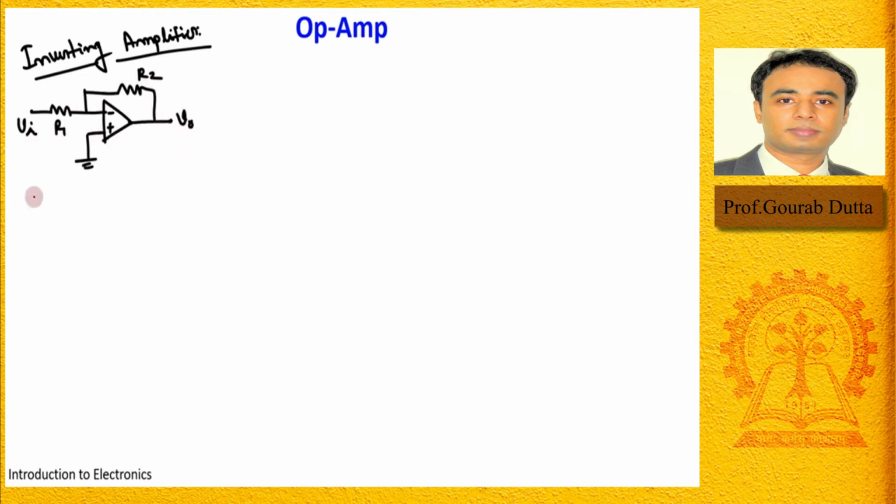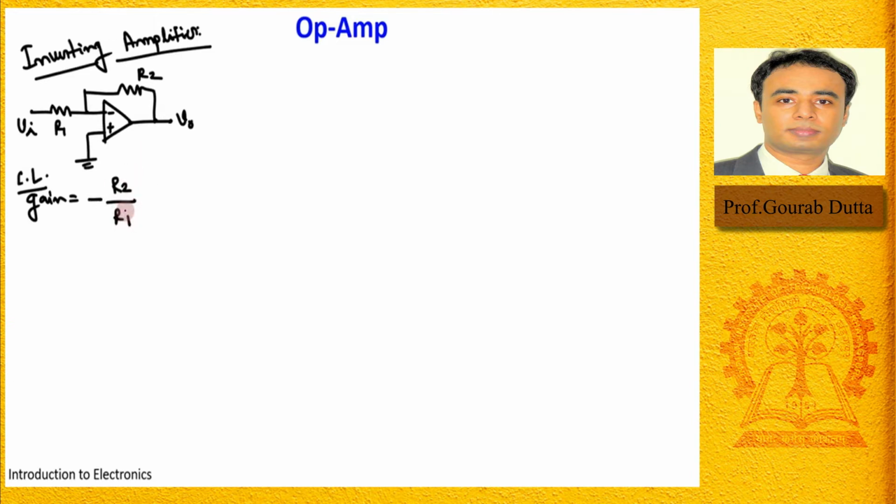So what was the gain? Obviously this is a closed loop gain, because you can see there is a negative feedback from this output to this input. It is connected with the negative terminal, or the inverting terminal, of this op amp. And the gain we estimated in the last class was R2 by R1, isn't it?